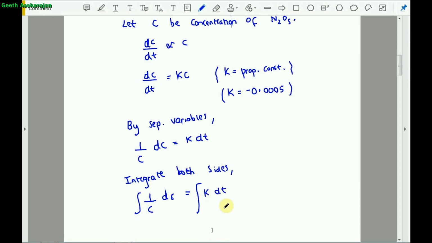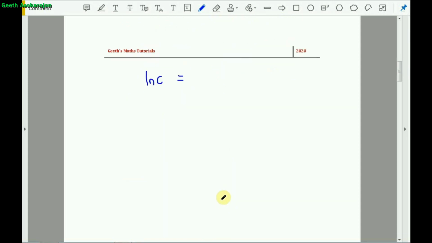a constant, let me use c dash. So c dash is our integration constant. I'm using c dash to distinguish it from this C here, which is the concentration of N2O5.